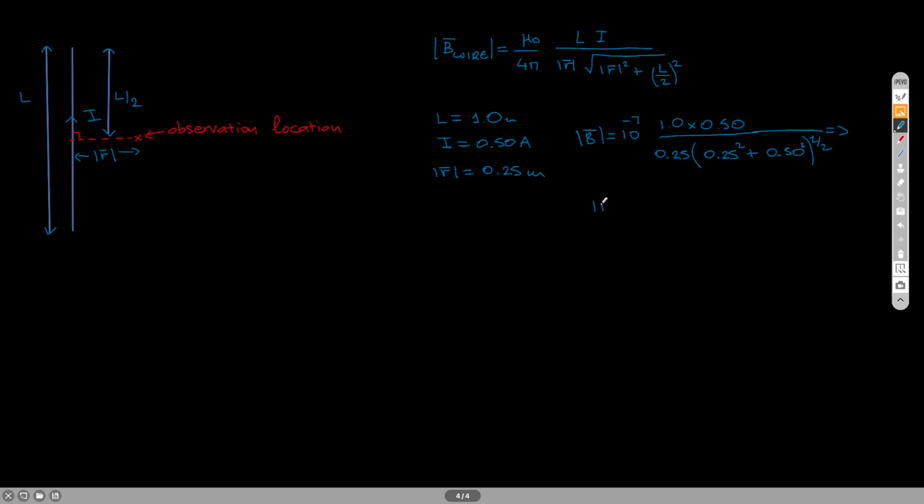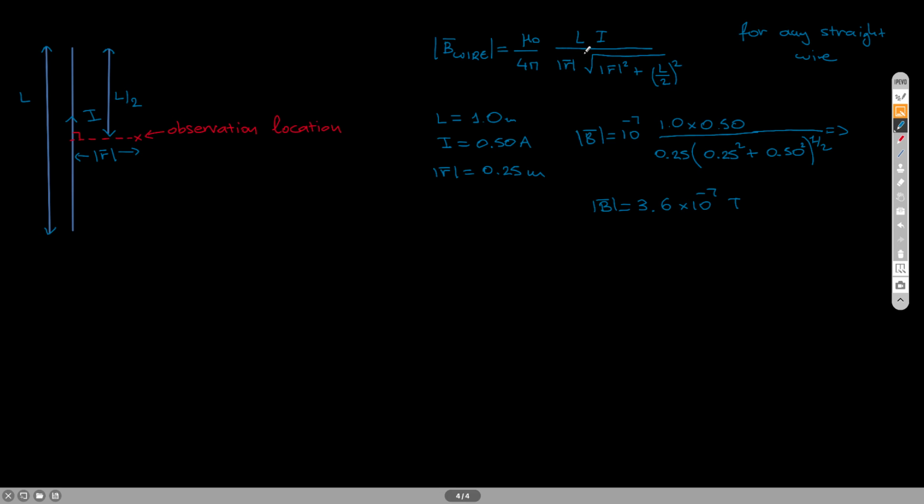If we do the calculations, we will find 3.6 times 10 to the minus 7 Tesla for the strength of the magnetic field at the observation location. Now, this expression is valid for any straight wire.